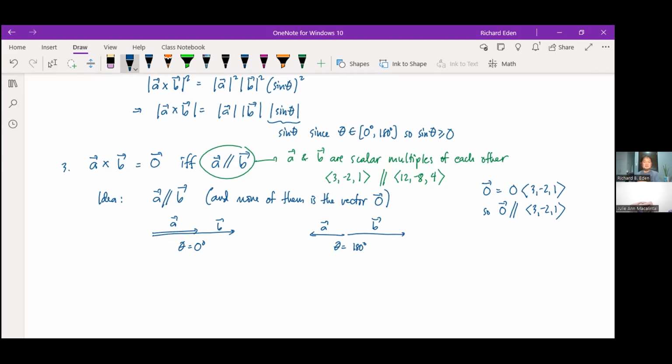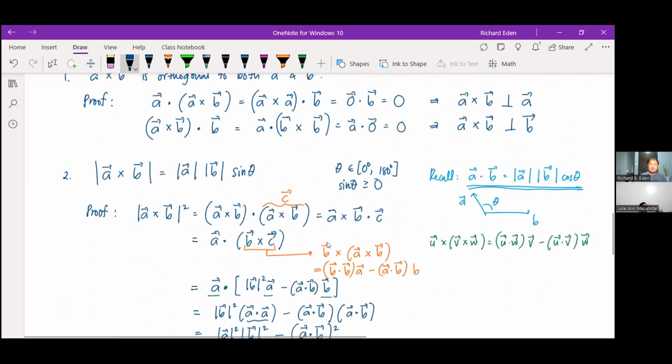But then in both of these scenarios, what is the sine of theta? Sine of 0 degrees is 0, and the sine of 180 degrees is also 0. So what we see here is that if A and B are parallel, that would imply the sine of theta is 0.